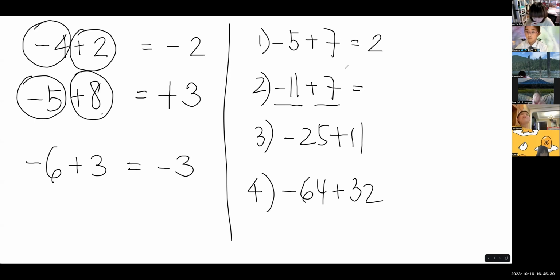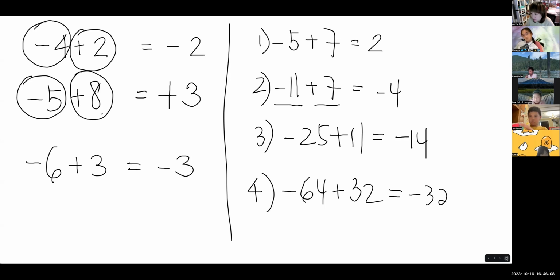Negative 4. Good job. Next one, Jordan, negative 25 plus 11. Negative 14. Very good. Last one, Amelia, negative 64 plus 32. Negative 32. Very good.